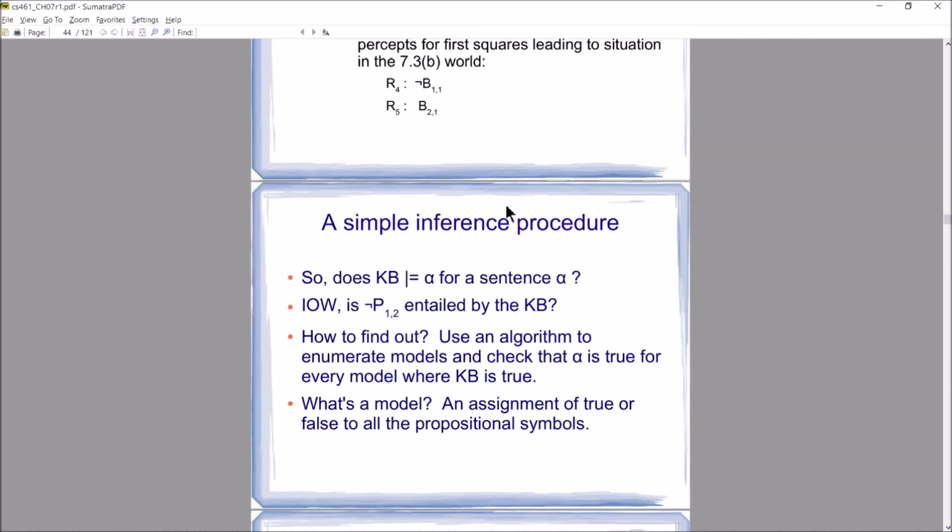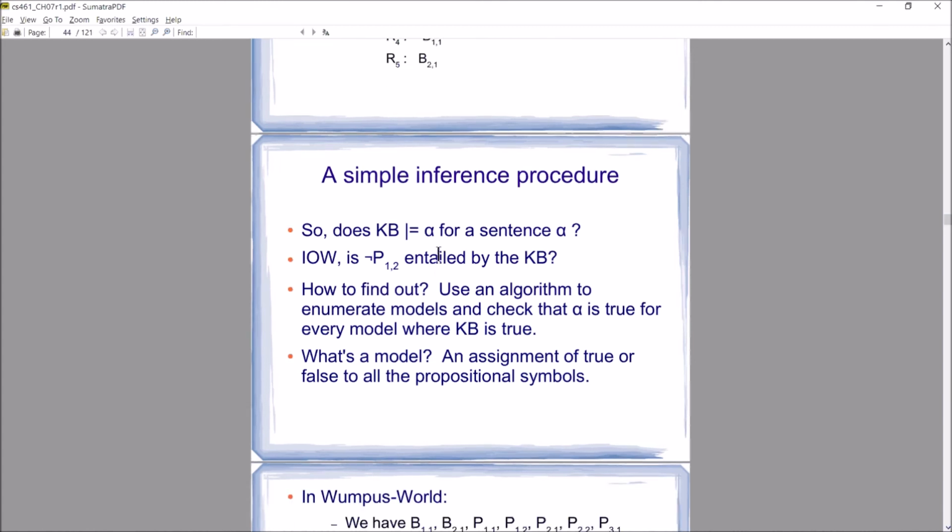Okay, so what we just talked about with those examples was a very simple inference procedure. It's almost brute force. You say, okay, here are all the variables that are involved in what I'm trying to figure out. Now let me go through and come up with all the different combinations of truth values.